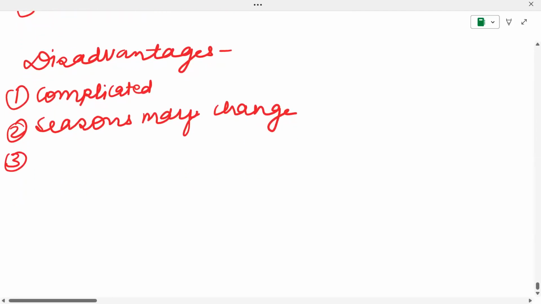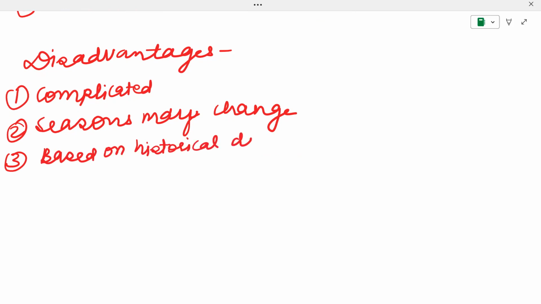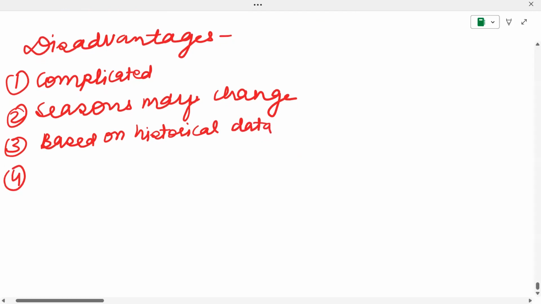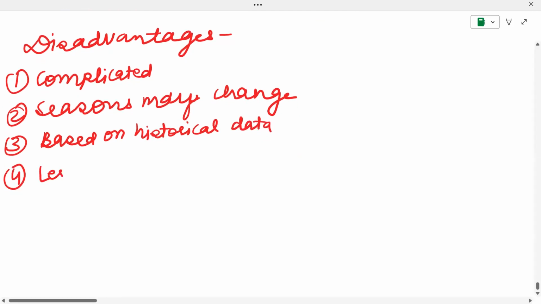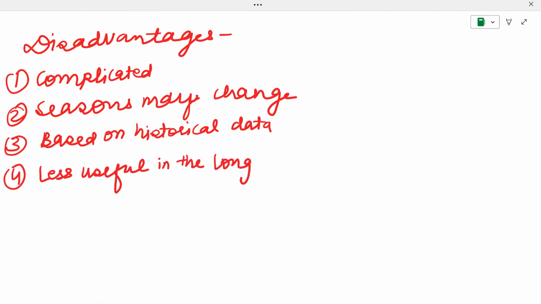Another disadvantage is that it is based on historical data, so it may not very accurately reflect what's going to happen in the future. And another point is that it is less useful in the long term.